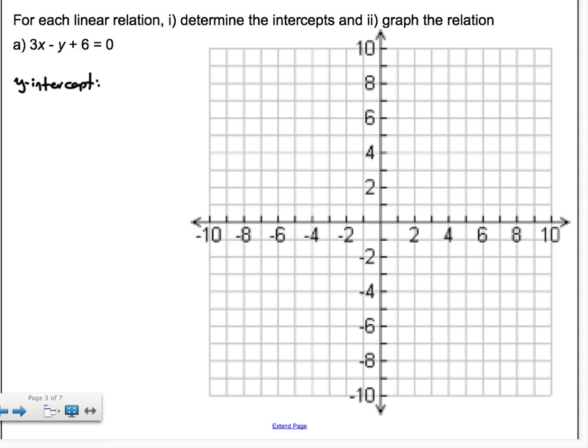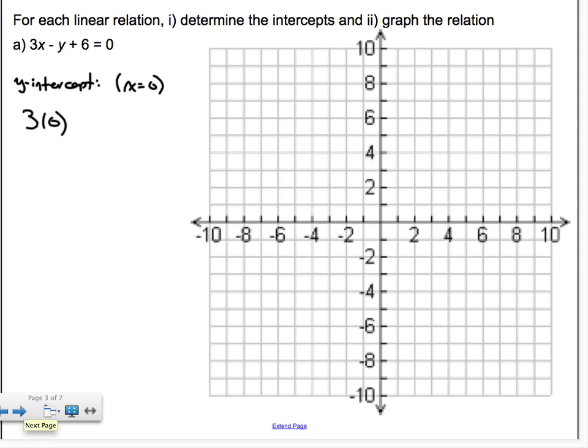What do we know about that value? We just wrote down the definition of a y-intercept. What's special about it? Yeah, at that point, x equals 0. So in other words, at the y-intercept, x is equal to 0. So what's the value of y when x is equal to 0? I don't know. Let's work it out.